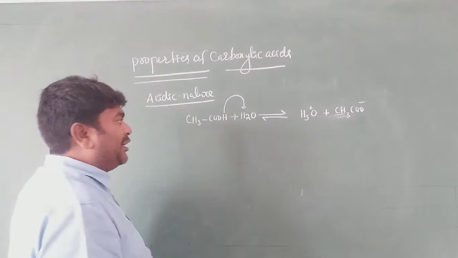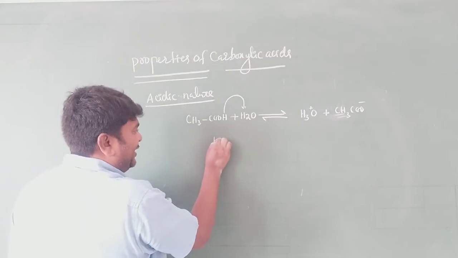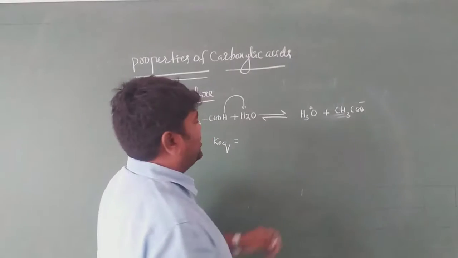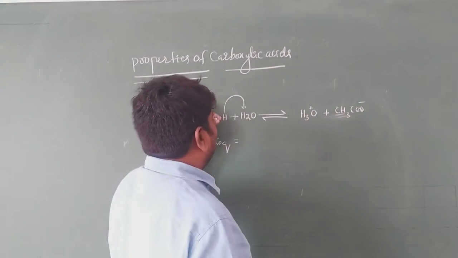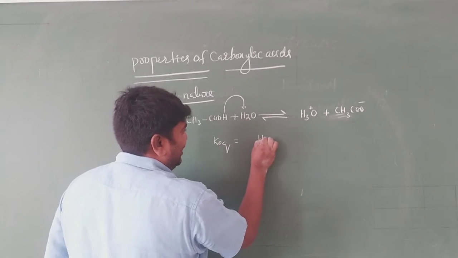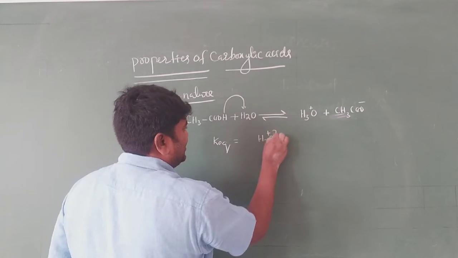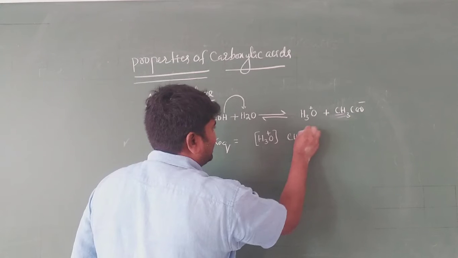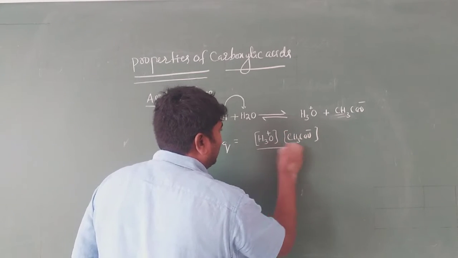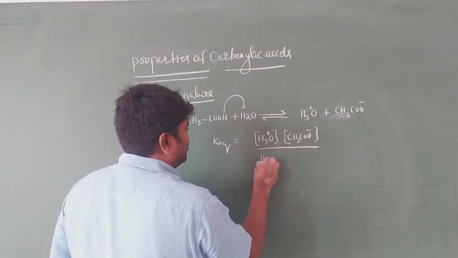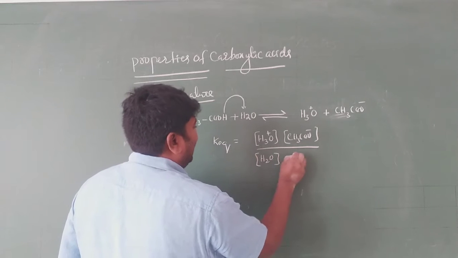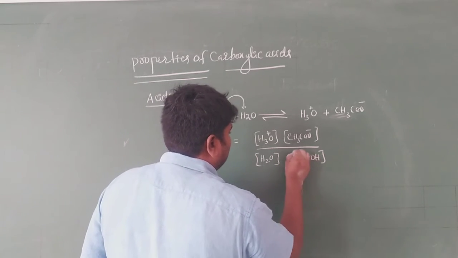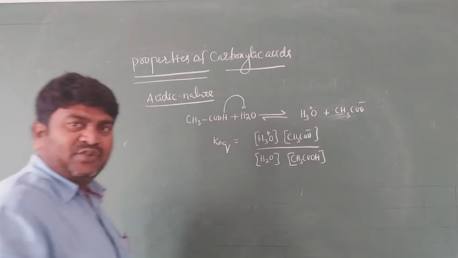So according to equilibrium, K equilibrium is equal to products by reactants. That is H3O plus concentration times CH3COO minus concentration, divided by H2O concentration and CH3COOH concentration. Very important, my dear students.